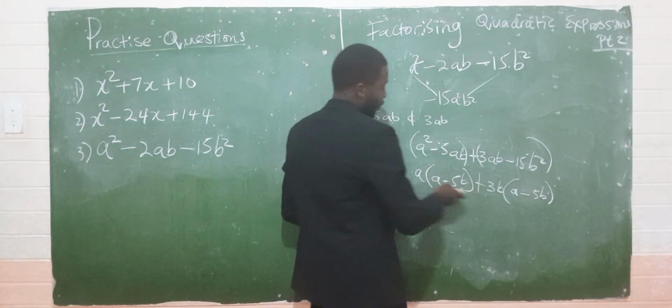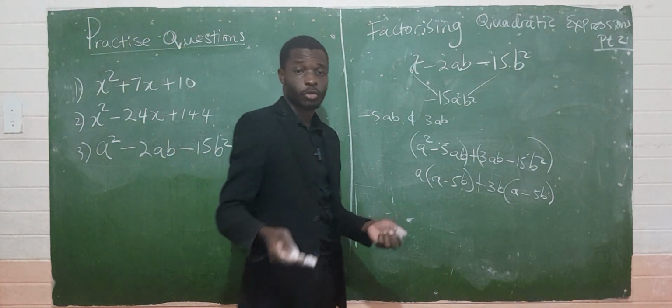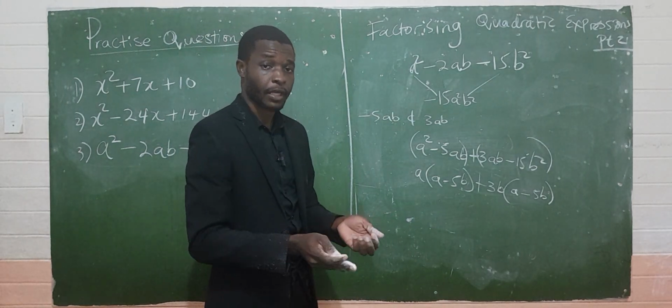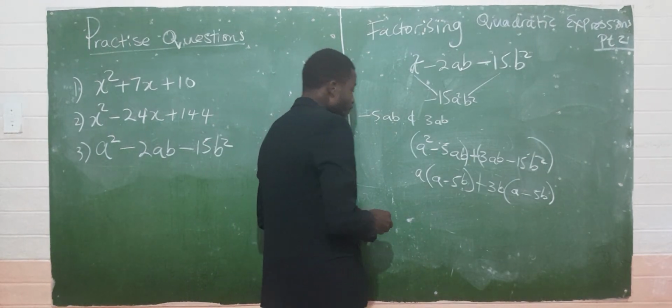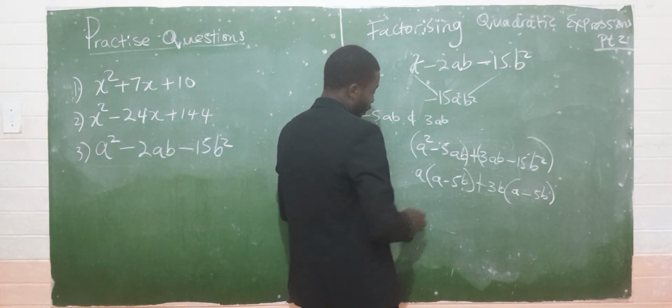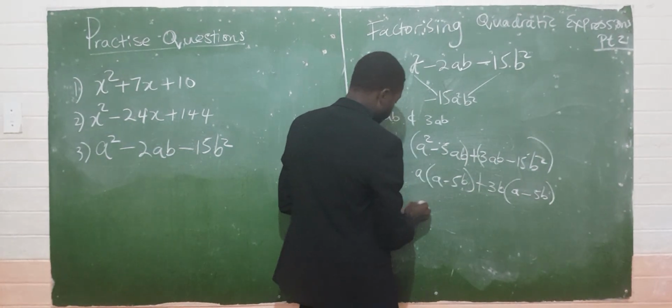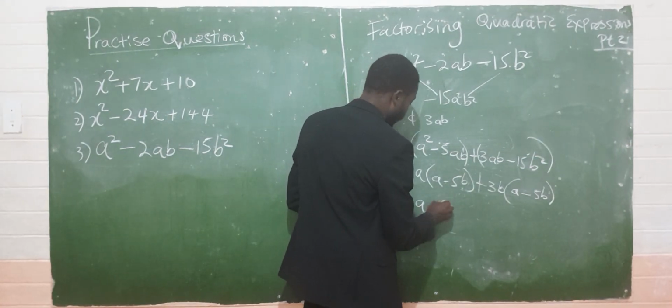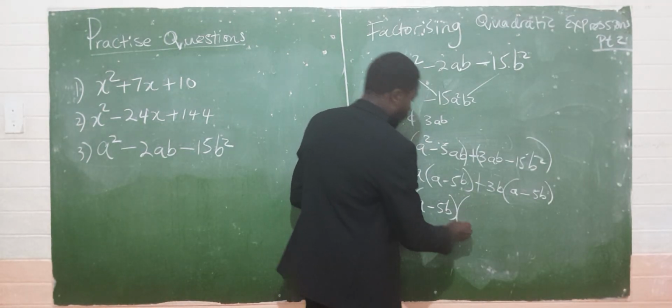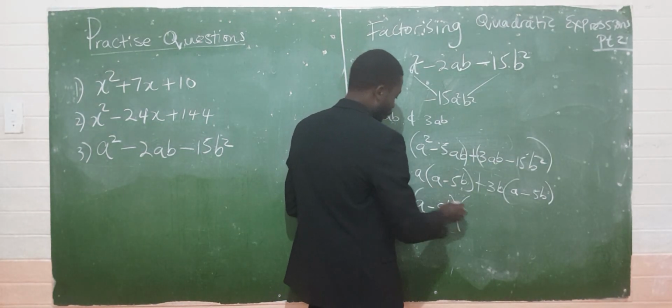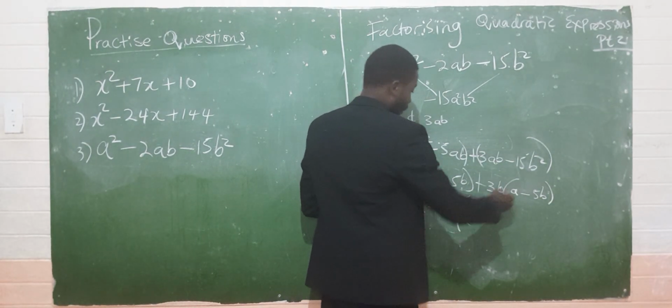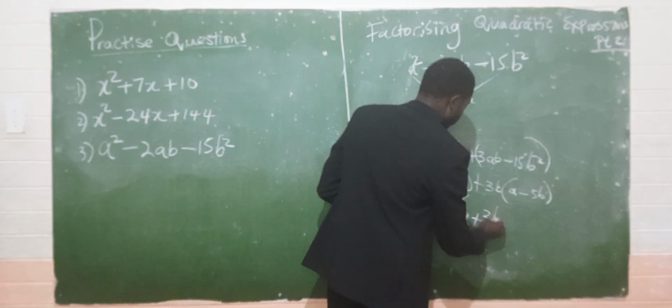And once you see that these are the same, you should be happy, because it means you're in the right direction. We go ahead and factorize. This is common, so I'm going to take it out. That's a minus 5b. And of course, this that I'm going to remain with a, and this that I'm going to remain with 3b.